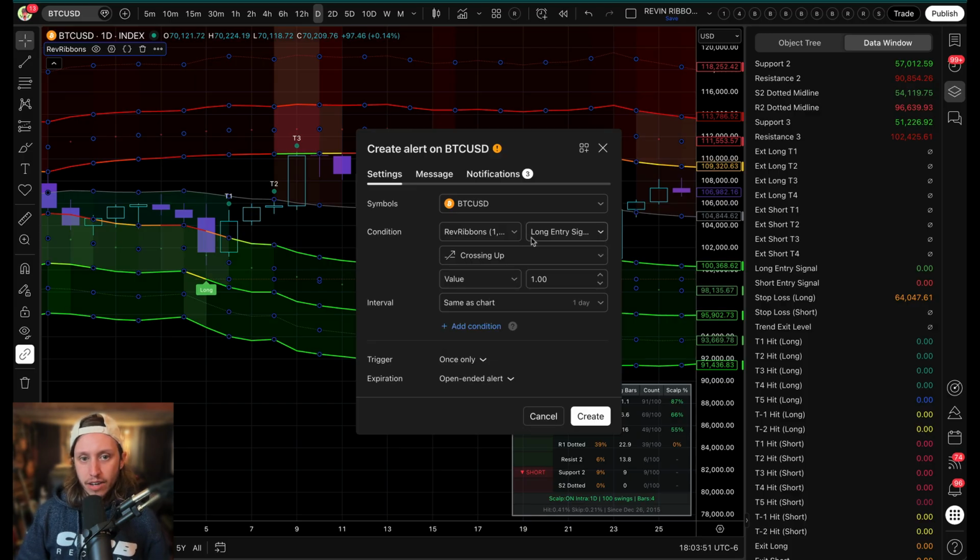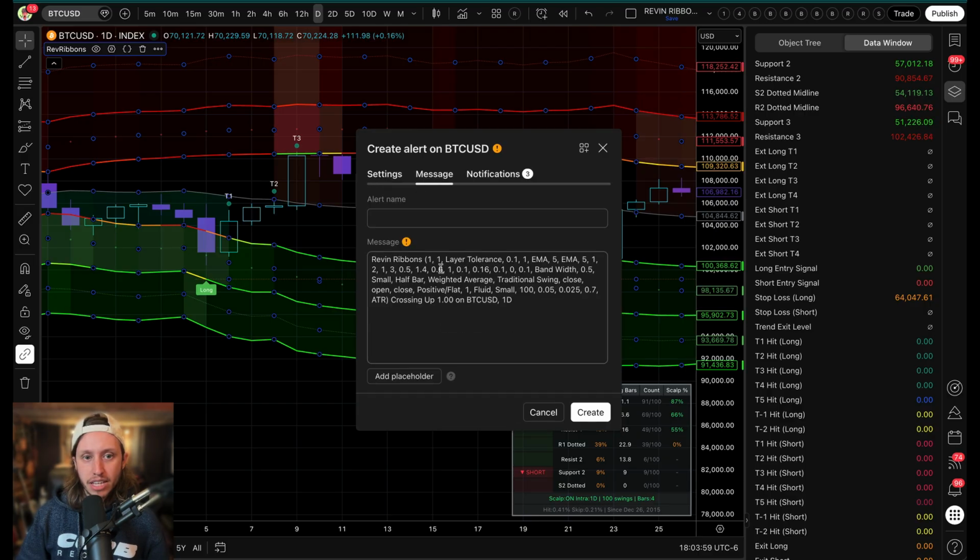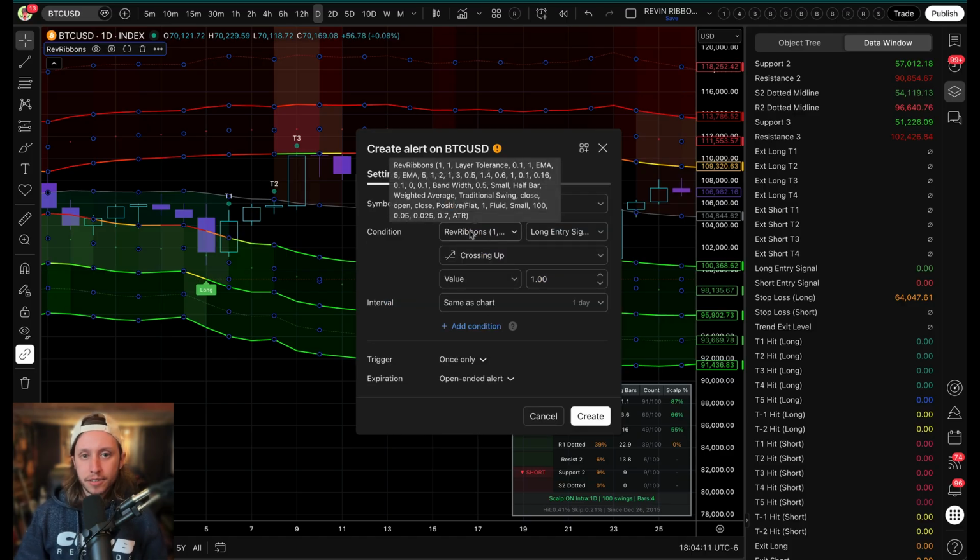Okay, so this is a way to set up our signal to initiate an alert, and you can add a message to that to make your exchange, via Alertatron or whatever you're using, initiate an actual trade right there.